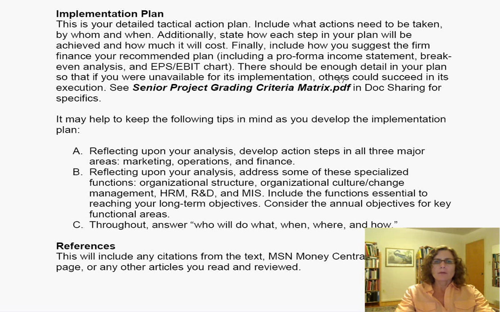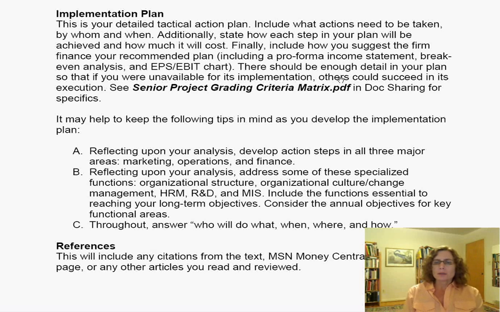In that opening paragraph, I mentioned that you should include how you're going to finance your recommended plan. Now, I mentioned the pro forma income statement, and that's a good thing to have. You should include that. Now, the break-even analysis, that's optional. That sometimes can build a strong case, but that's your judgment call as to whether or not you're going to use that break-even analysis. You may even decide that you want to try some kind of payback analysis. That part is not required.